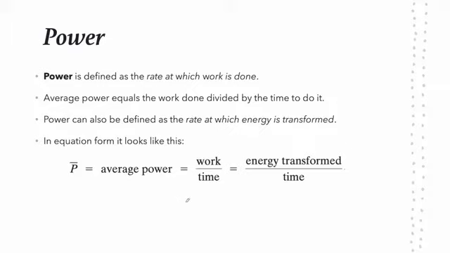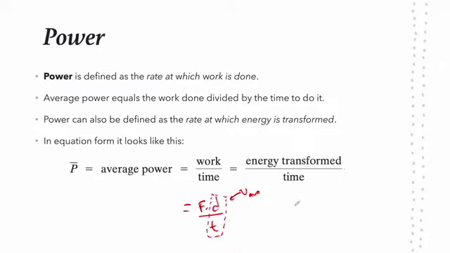Now, there's another formula that we can also change from here. We know that work is equal to force times distance, over time. And this part right here, we know this from previous videos. This part right here is average velocity. When the velocity is constant and there's no acceleration, then this is distance over time.